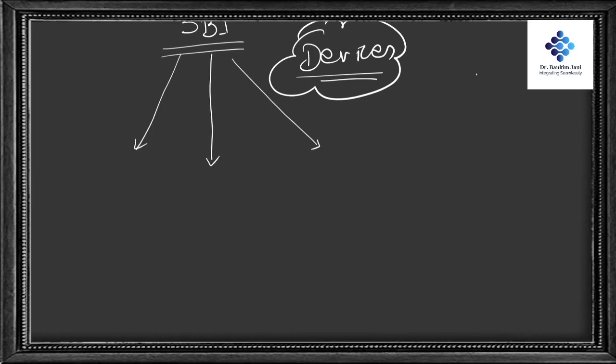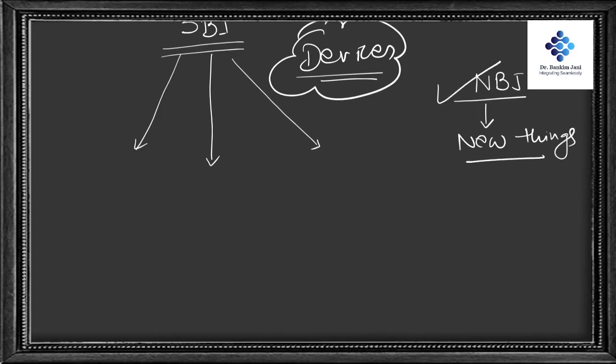Whatever research and developments are going on, that is on NBI. People are making better and better apps, and all new things are coming up over here. But when we talk about SBI, unless we understand what SBI is, it won't suffice to understand the whole concept.